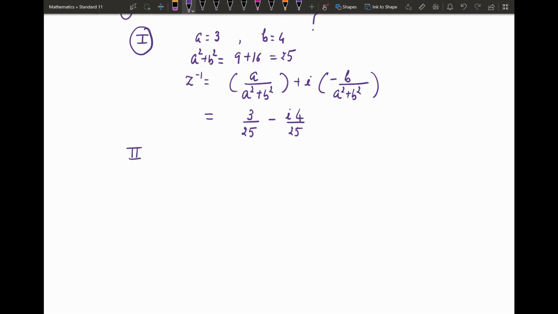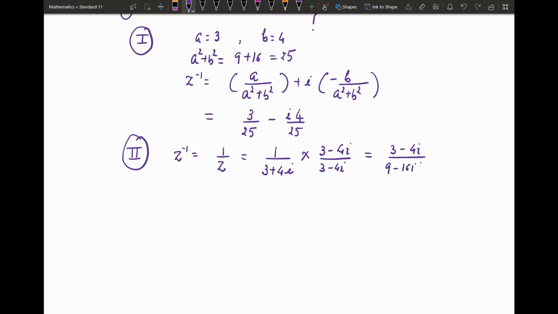Or an alternate method: z inverse, that is 1 upon z, so 1 upon 3 plus 4i. Now we have to express the complex number in the standard form, that is a plus ib. So we use the surd of the denominator, multiply and divide by 3 minus 4i. Now simplification: 3 minus 4i upon 9 minus 16i square.